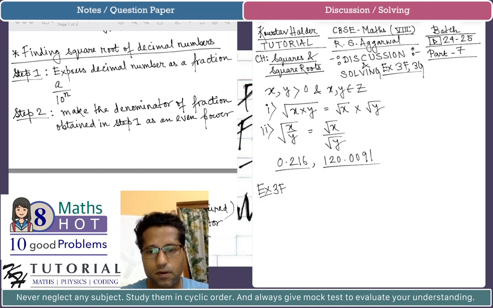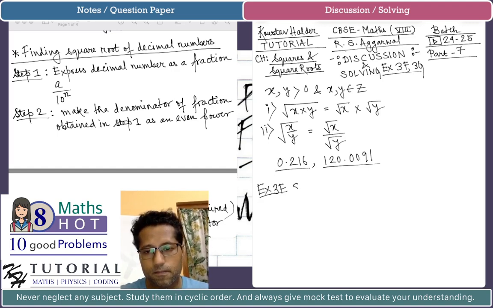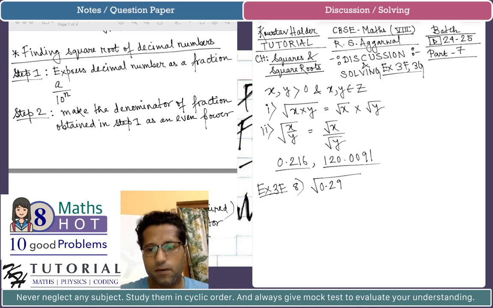I'm solving exercise 3F, problem number 8. We have to find the square root of 0.2916.